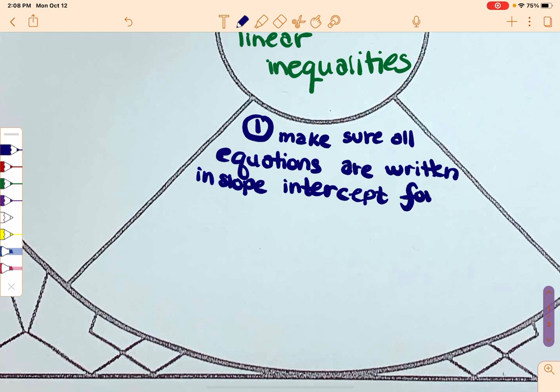If they're not written in slope-intercept form, then we need to change it so they are. So when I talk about slope-intercept form, that looks like this. This value right there is going to be my slope, my m. Whatever this value is here for b is going to be my y-intercept. So when it's in slope-intercept form, I need to be able to identify the slope and the intercept. That's why I write it in that way.